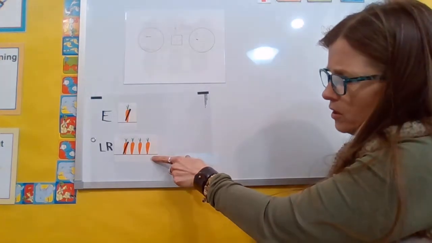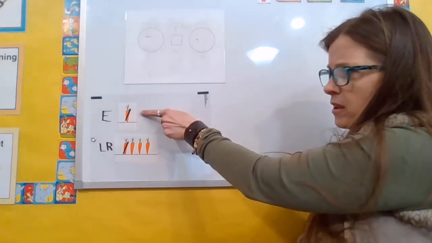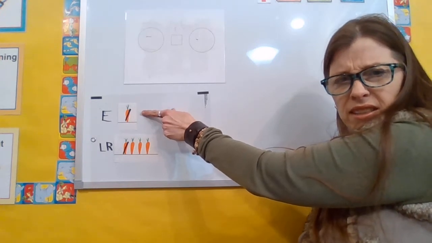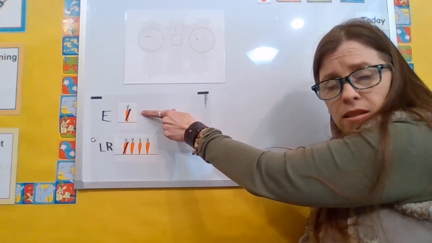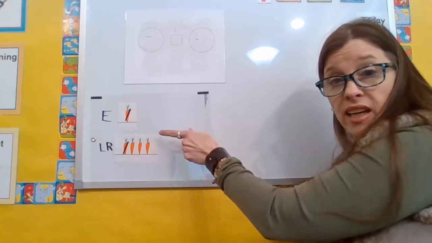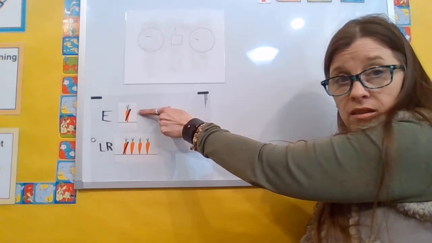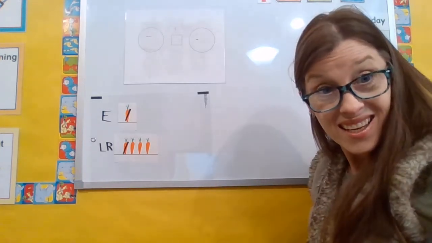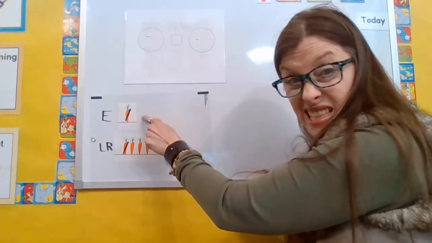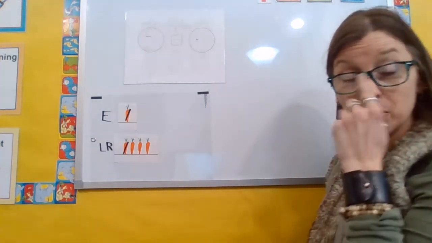If little rabbit has carrots left over, then does elephant have less, more, or the same carrots as little rabbit? He has less. You're right. He has less carrots because little rabbit had some left over.